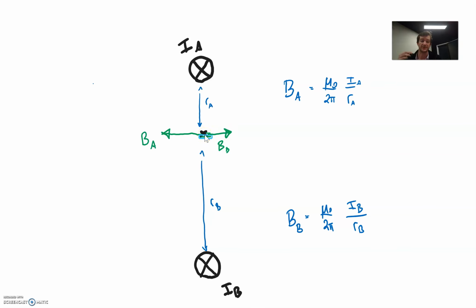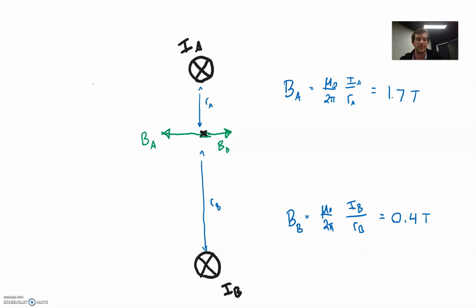If I want to determine the total field strength, I would need to add or subtract those values from each other. In this case, they're going in opposite directions, so one's going to subtract from the other to get us our overall total field strength. Just as an example, if it was calculated that BA was, well, I don't know, 1.7 Teslas, and for B, because it's further away, it shouldn't be as strong, so maybe that's like, I don't know, 0.4 Teslas.